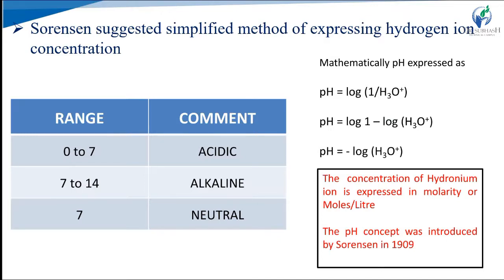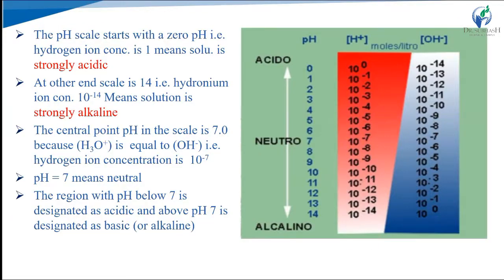So pH is simply a logarithm function. A change of 1 pH unit represents a tenfold change in the concentration of hydrogen ion. Here, the same thing: it represents that pH around 9 is there, so the hydrogen ion is 10 raised to minus 9.